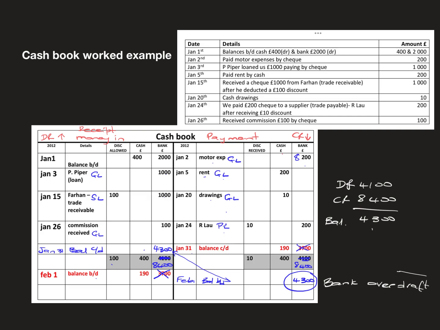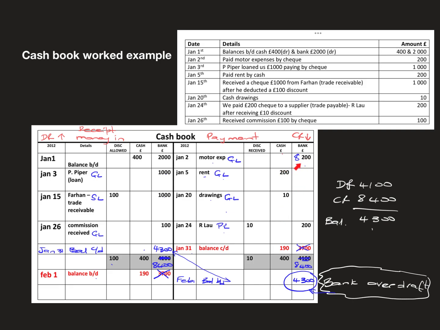So the balance, which is here, would be a bank overdraft. Okay. So the 4,003 would be known as a bank overdraft, and it's called a bank overdraft because now the credit side is more, you're paying out more money.